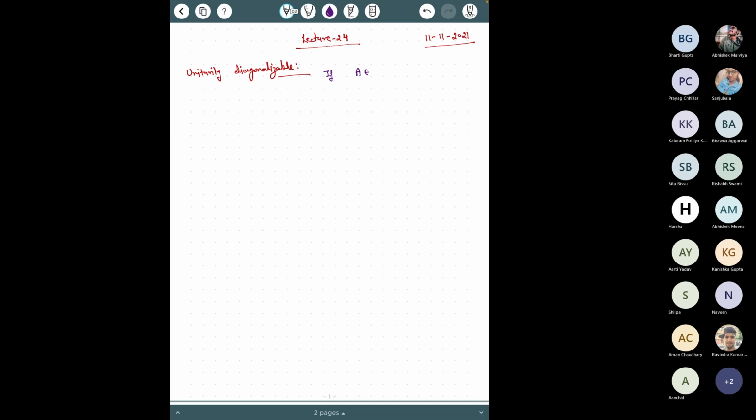So if a matrix of size n cross n over C is unitarily equivalent to a diagonal matrix, unitarily equivalent or unitarily similar, we use the same word for both, then A is called unitarily diagonalizable.